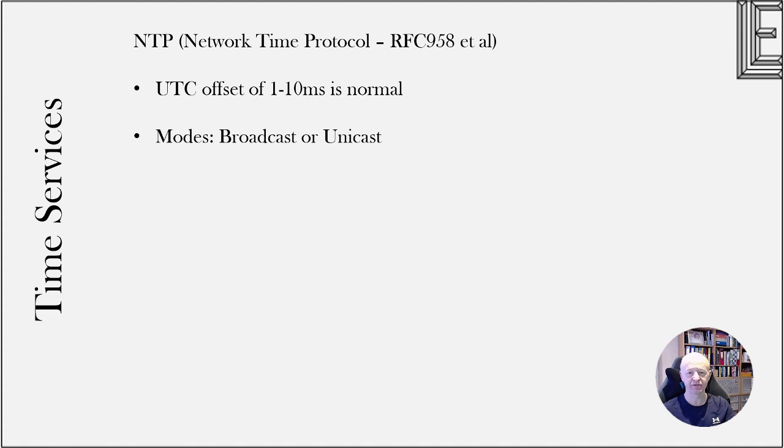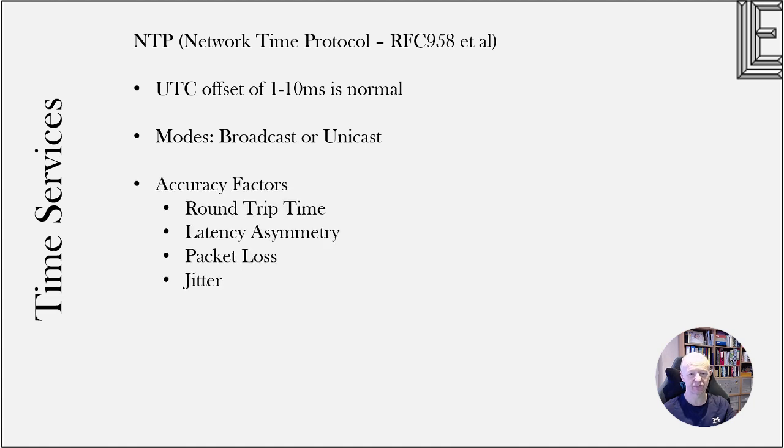There are currently very few installations using broadcast NTP in an enterprise scale manner due to its inefficiency, and unicast is fairly ubiquitous. The accuracy of NTP is loosely a function of the round trip time between the source and the consumer. However, as with all time services, path asymmetry can significantly impact the accuracy of the time algorithm.